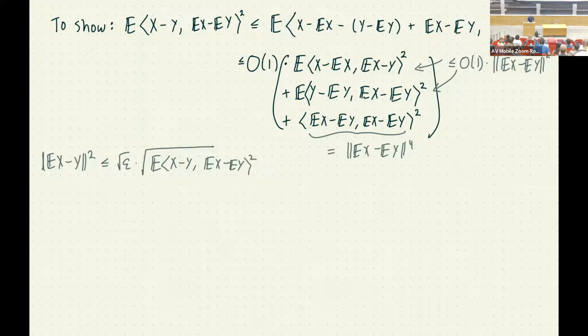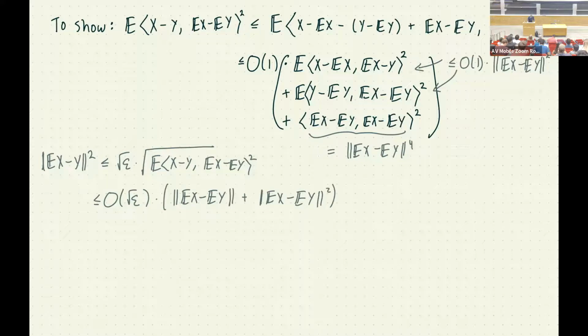And I just proved that this second thing, so now I got my big upper bound on the second term here. I got root epsilon. Let's put a big O so I don't have to worry anymore about that. Big O of root epsilon times expectation of X minus expectation Y plus expectation X minus expectation Y squared.